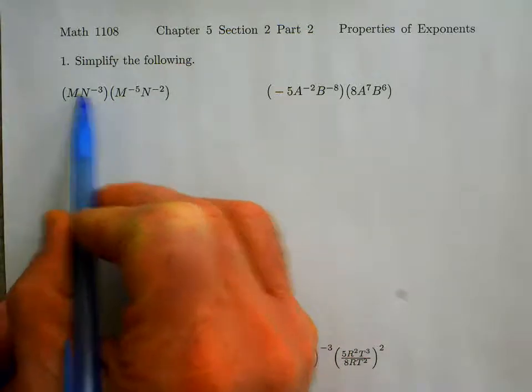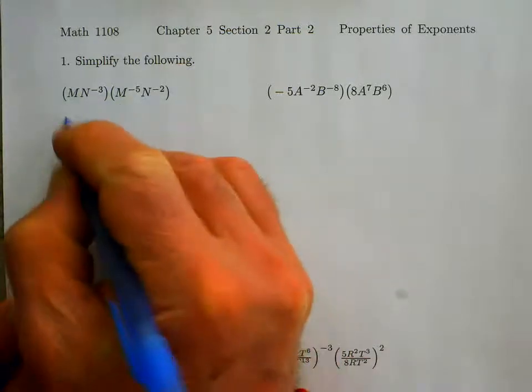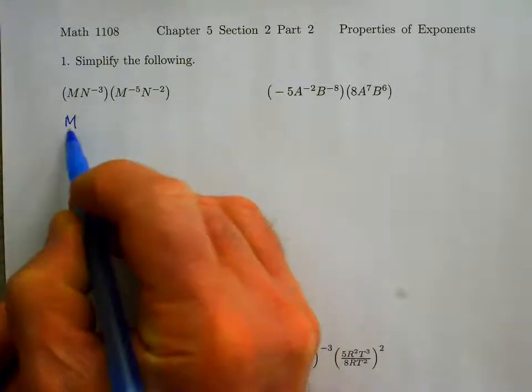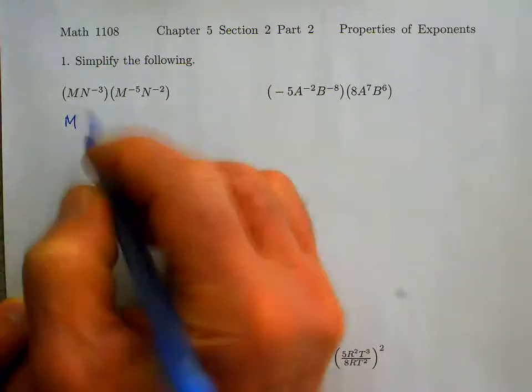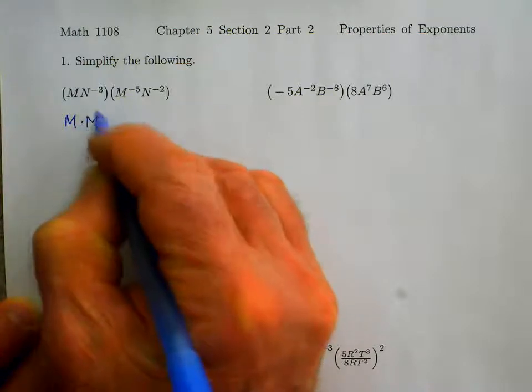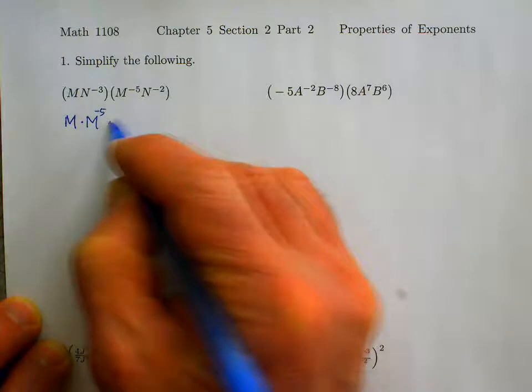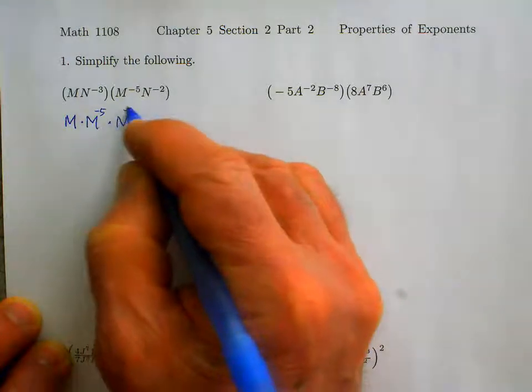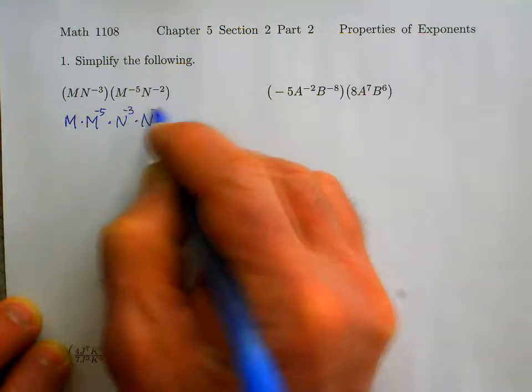Since we're just multiplying 4 terms, we can rearrange them. Remember that m is m to the first. So m to the first times m to the negative 5 times n to the negative 3 times n to the negative 2.